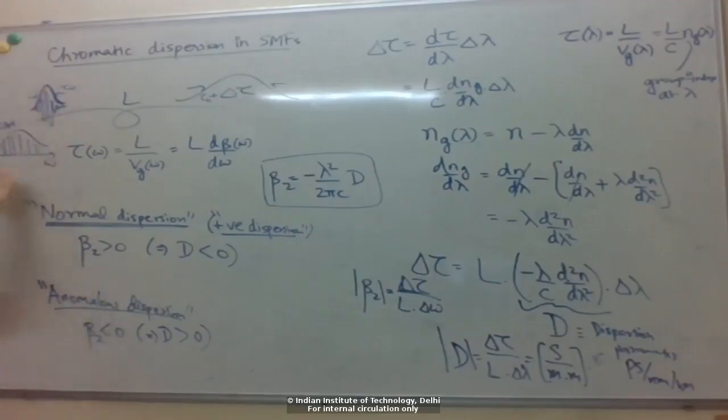That is known as a transform limited pulse, and that is the minimum pulse width you can have for a given frequency spectrum.